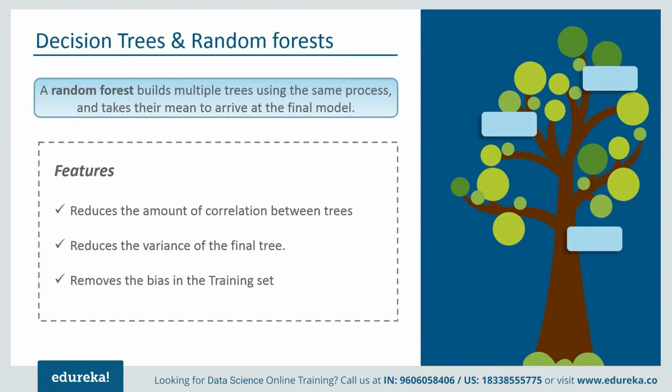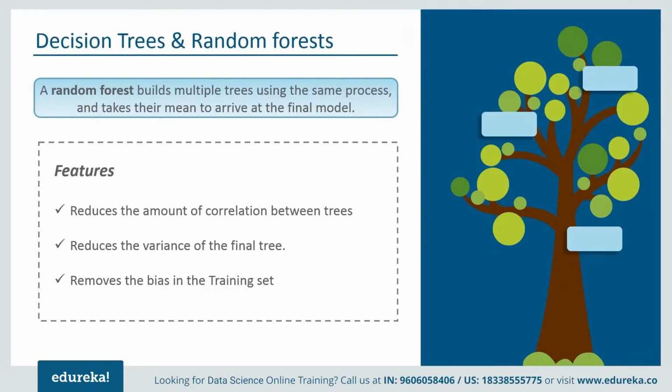So the problem of overfitting is overcome to a large extent by using random forests, which are nothing but a very clever extension of decision trees. Now the algorithm of a random forest starts by building out trees similar to the way a normal decision tree algorithm works.